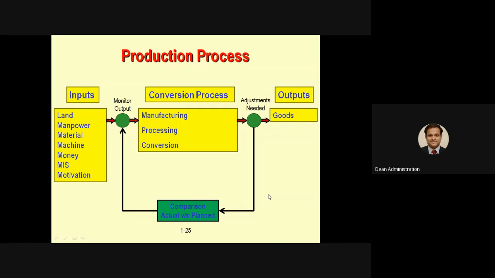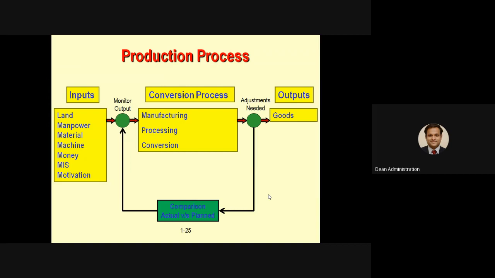So now we come to the production process. We're going to spend some time on these various slides and issues. So this is a very, very important part. Now when we look at any industry, what is the industry essentially doing? Many times as kids you may have had this question.